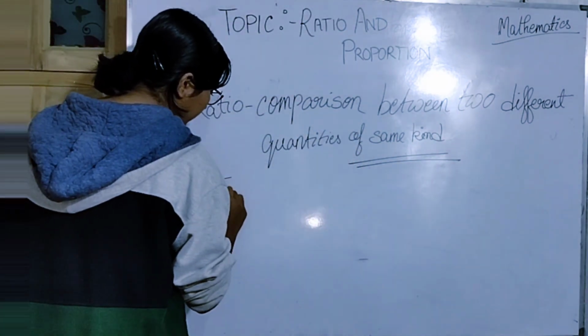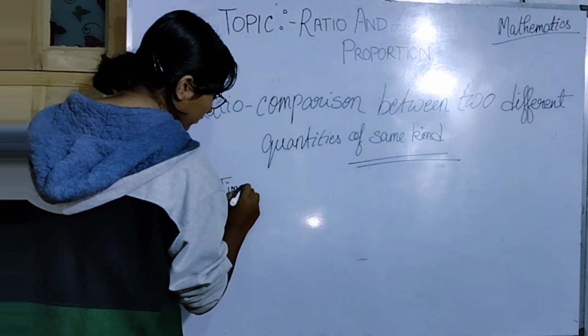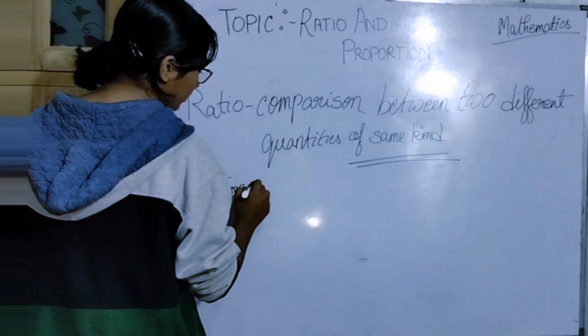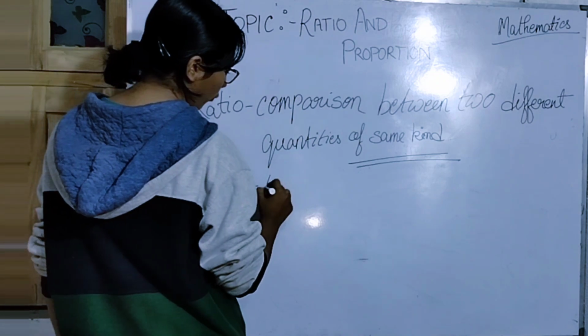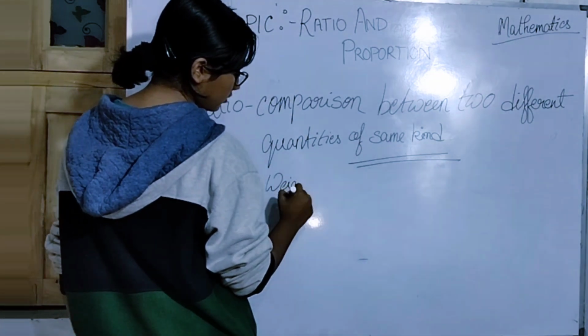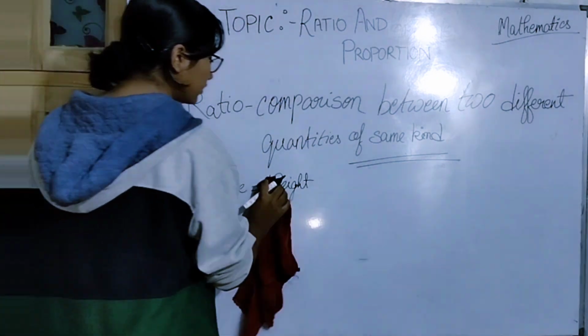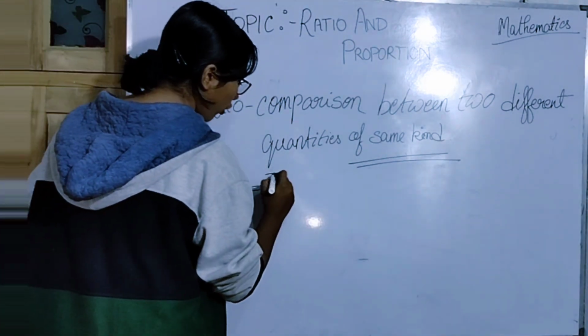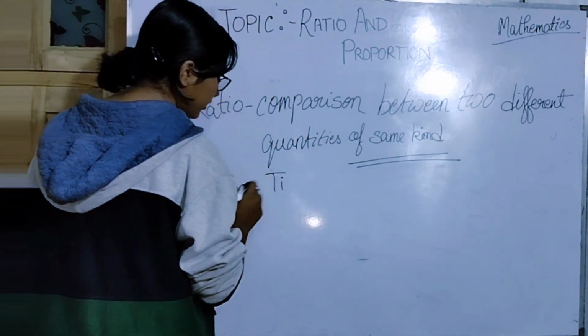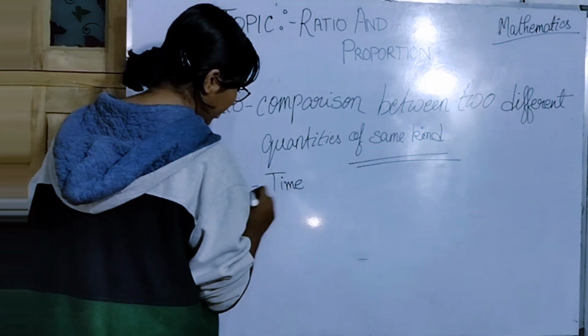Like if we take time and comparison of weight, it is never a ratio. The comparison of weight should always be weight, and the comparison of time should always be time.